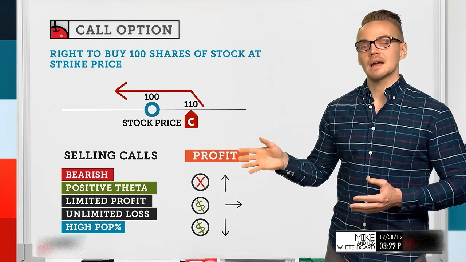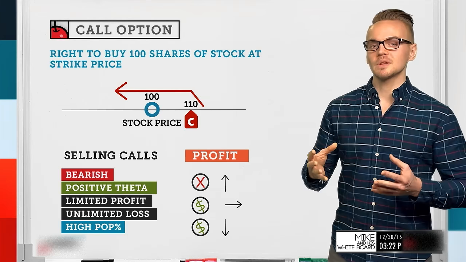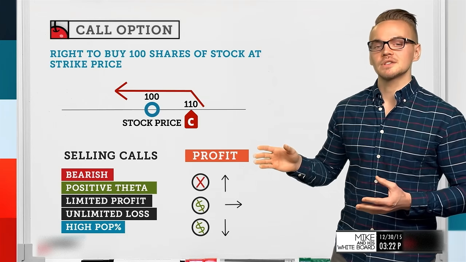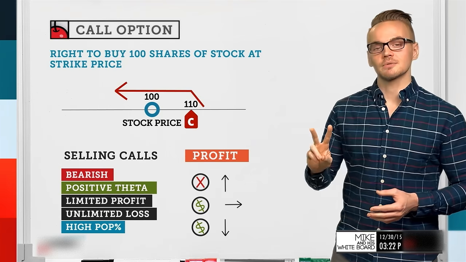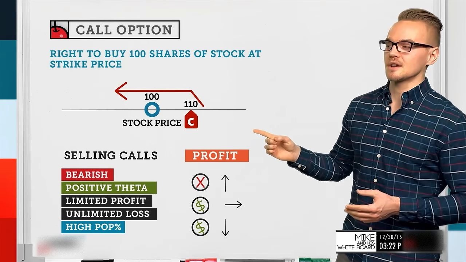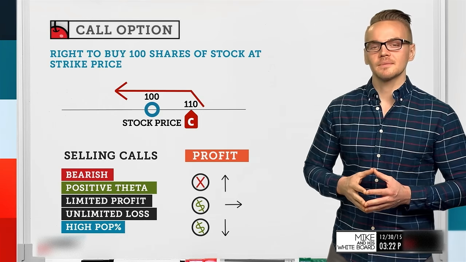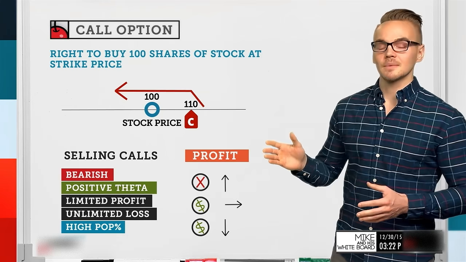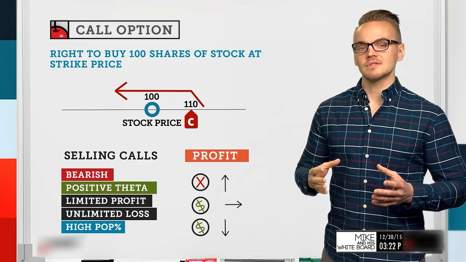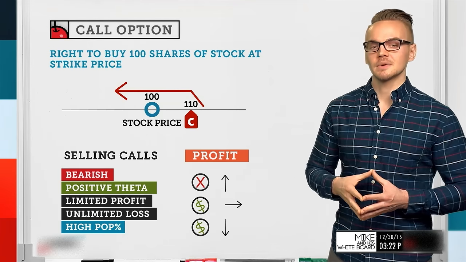It's going to be a high probability trade because we get to choose our strike price, and normally we choose a pretty far out of the money strike price. And that gives us the opportunity to be correct in 2 out of 3 ways, as you can see by the profit chart here. So if the stock price goes up past our break-even point, that's where we would start losing money. However, if the stock price stays the same, we get to keep that credit received as long as our option stays out of the money, and we would have 100% profitability.